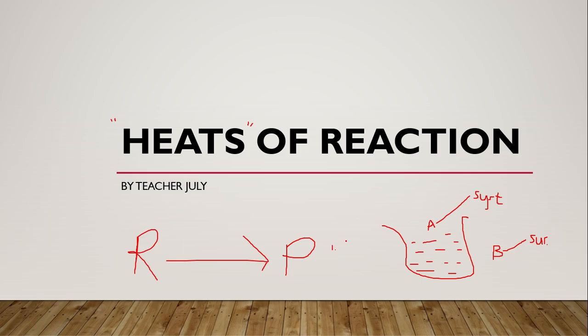It will be moving from A to B, that is to say, from the system to the surrounding. And scenario B is that the same heat or energy will be moving from B to A.